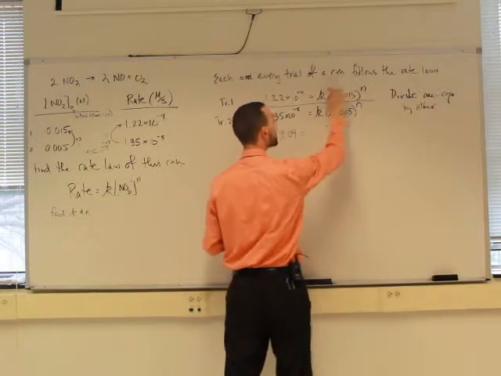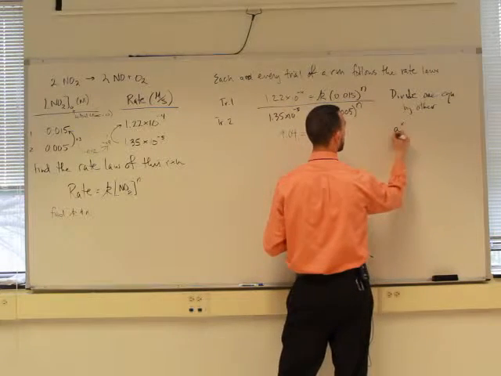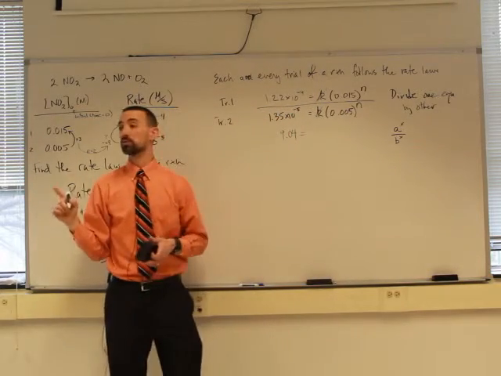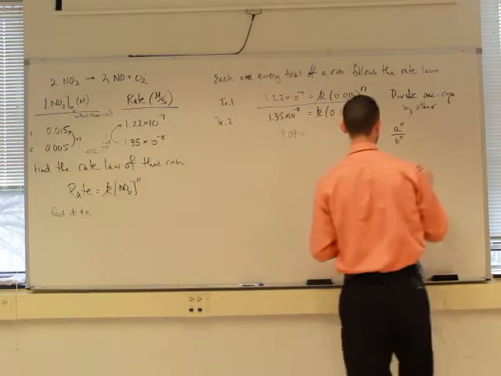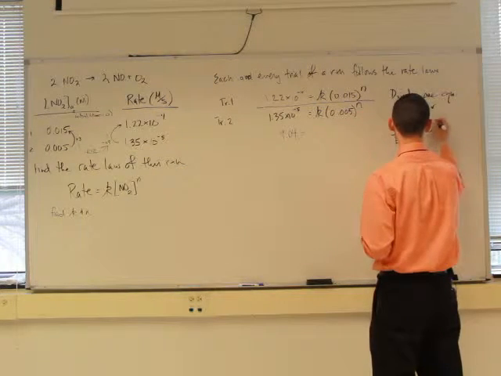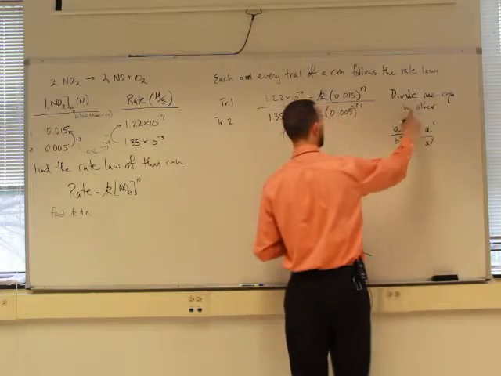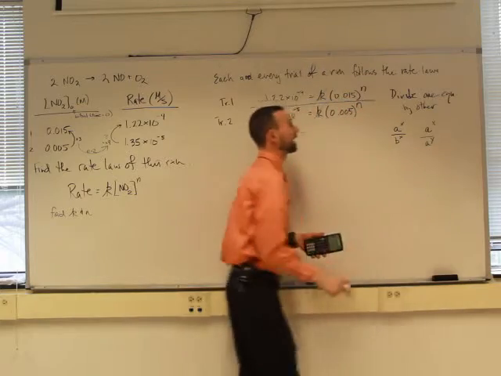But what happens to this piece? We need to know a rule of exponents. I heard someone whisper subtract, and that's the wrong rule of exponents. There are two rules of exponents that we often confuse. So I've written a to the x over b to the x, and a to the x over a to the y.